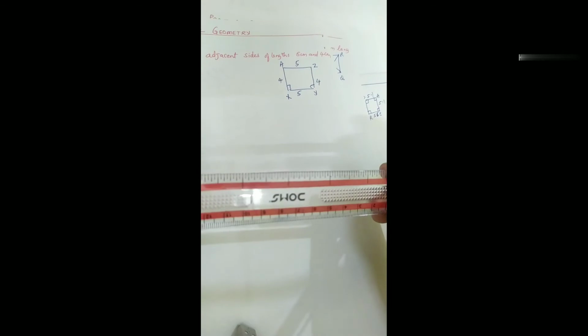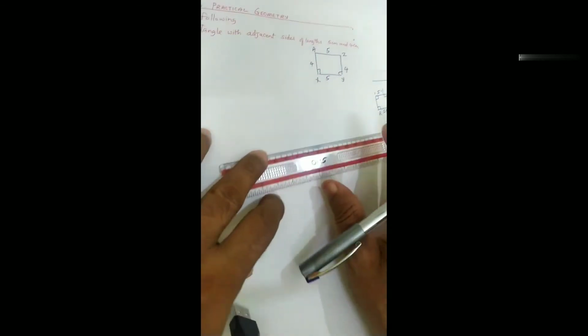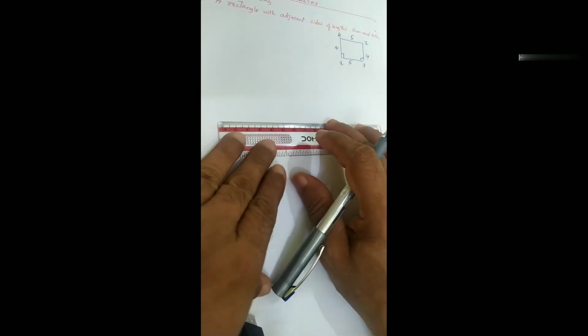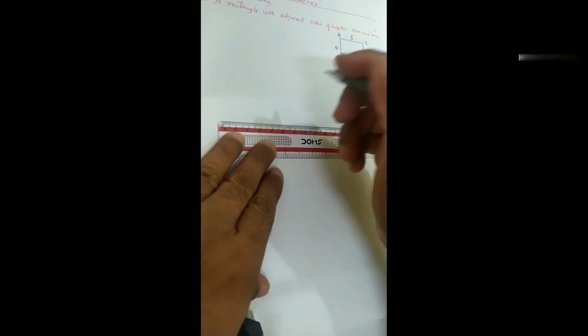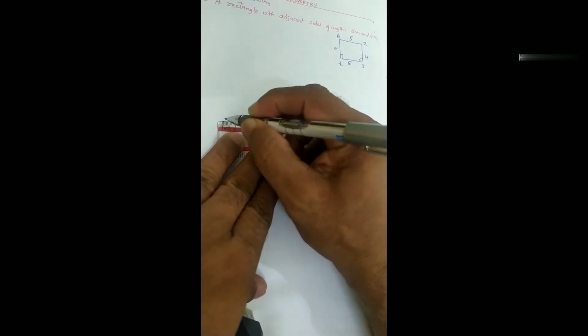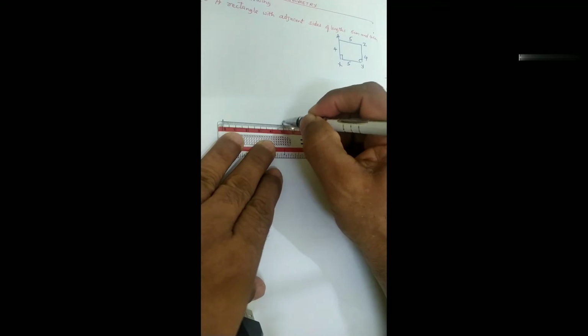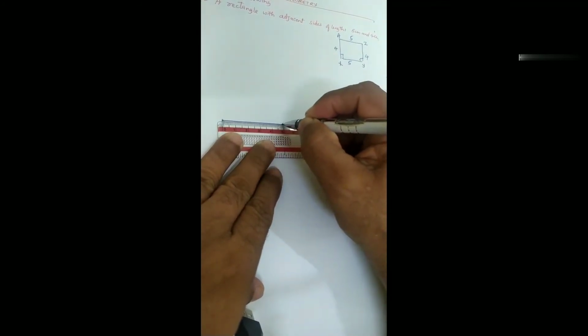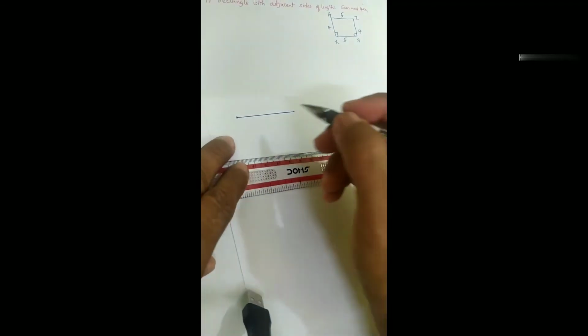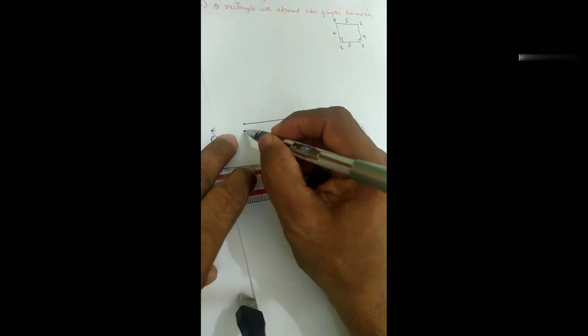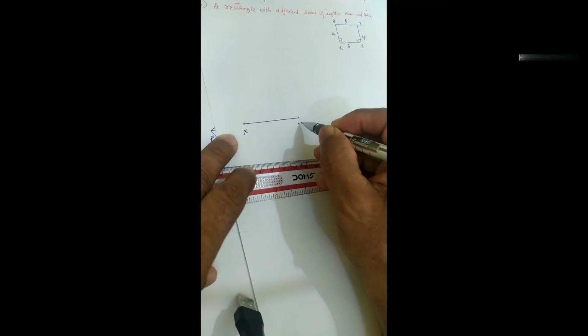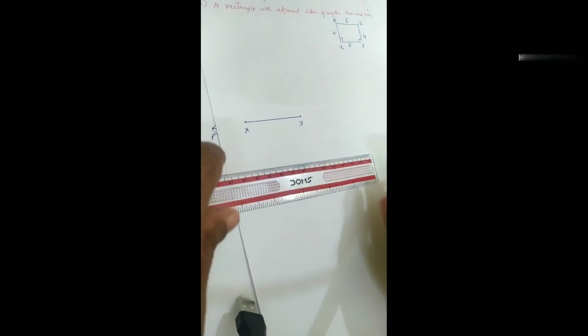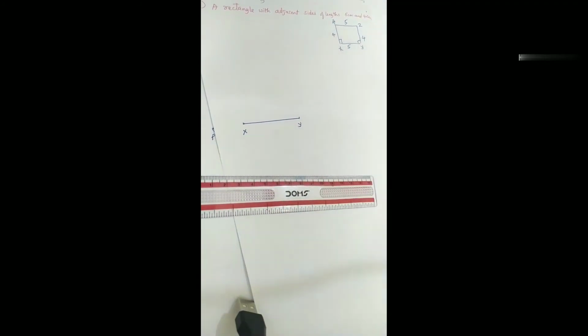So we will draw this 5 centimeters line. So this is X, Y, and we'll take a 90 degrees angle from both the sides.